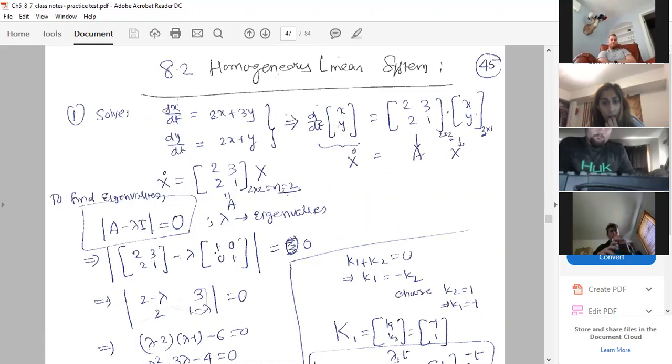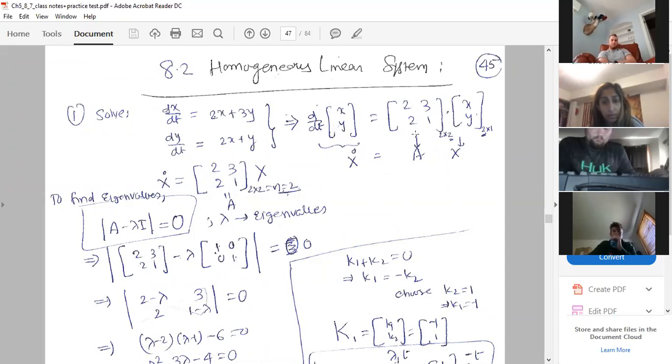Right, guys? So let me first write my left-hand side, d by dt of x and y, like this. That is my x dot. My coefficient matrix I can get like this: A equal to [2, 3; 2, 1], and x and y like this. Yesterday I showed you how to get the product of two matrices.